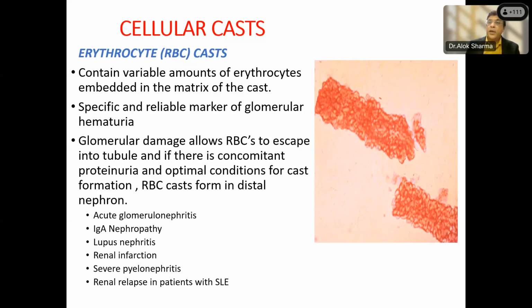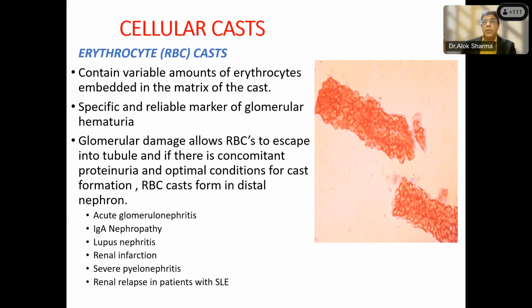When a clinician follows up a patient with SLE, you can't do a biopsy every time, right? So you follow them up with regular urine examinations, and finding RBC casts in an asymptomatic patient is a very good marker of an impending relapse.